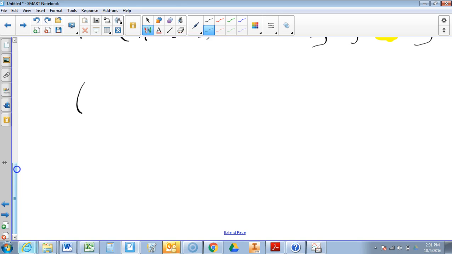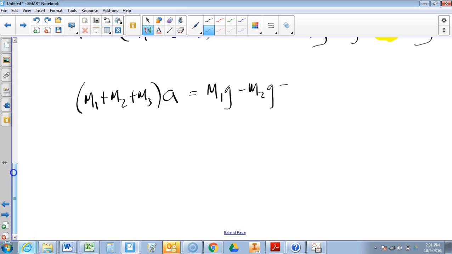So I can write M1 plus M2 plus M3 times A equals. Now on the other side I got M1G minus M2G minus mu kinetic M3G. I'm going to subtract this from both sides, and at the same time add this to both sides.